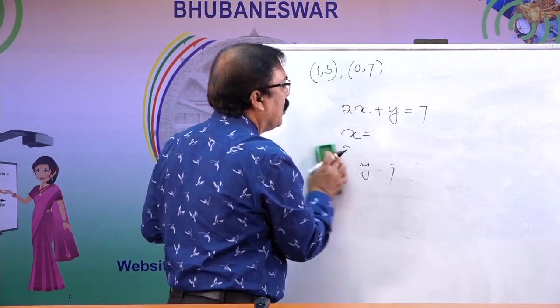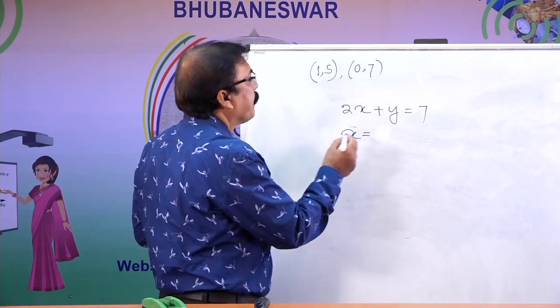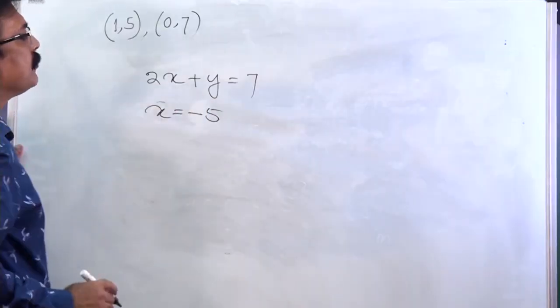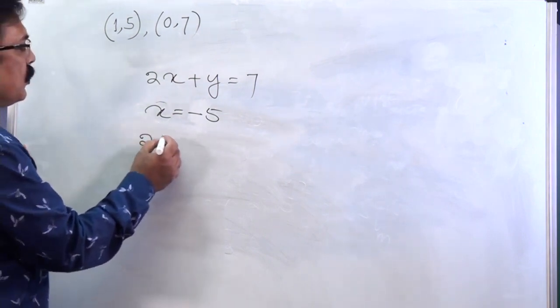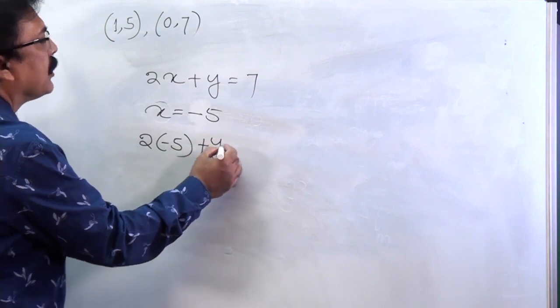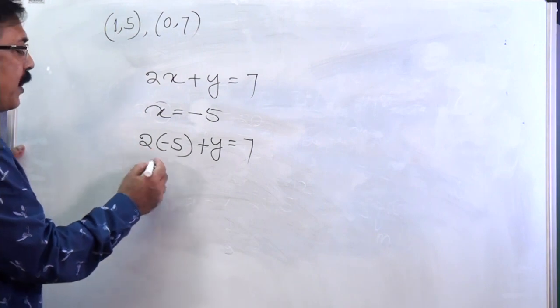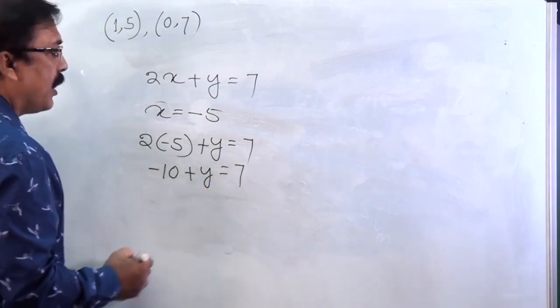If we put the value of x as, say, minus 5, then what will be the result? 2 into minus 5 plus y is equal to 7. So 2 into minus 5 gives minus 10 plus y is equal to 7.